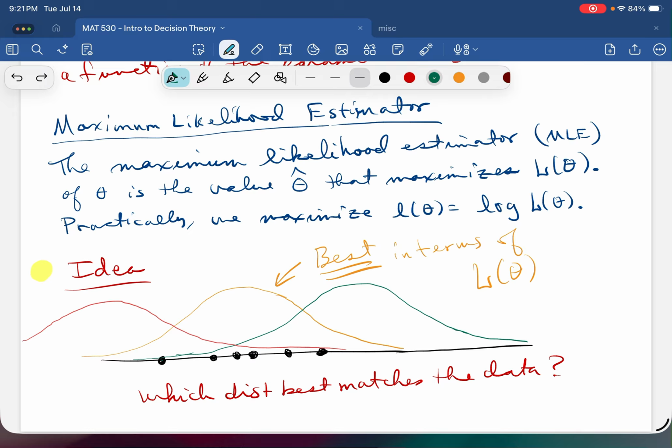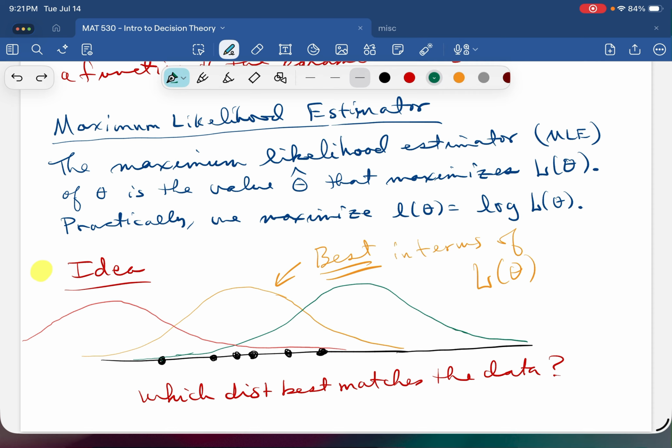Let's suppose that on the contrary, it's the green curve. Then those likelihood values would be looking like this. And that's not too convincing. And then we could do the same thing with the red curve.